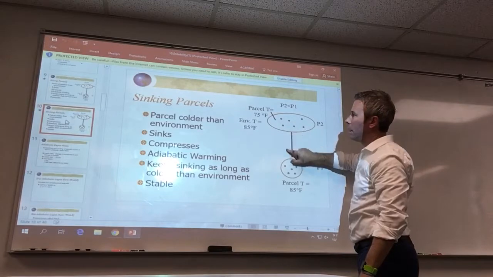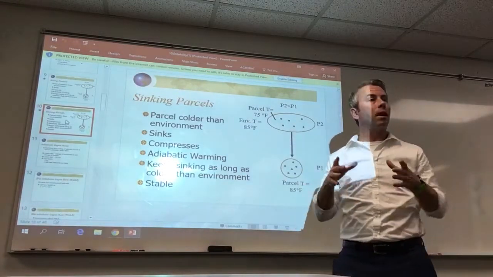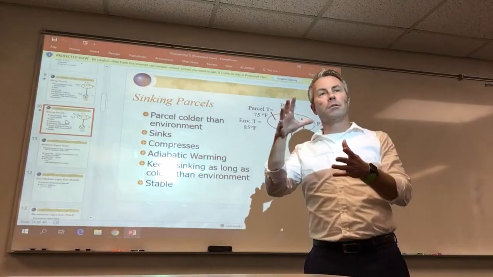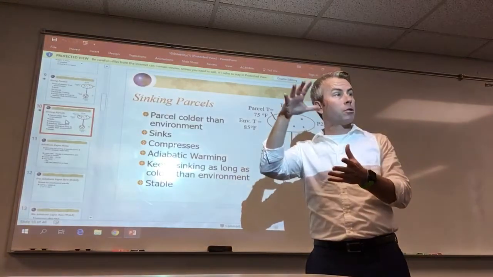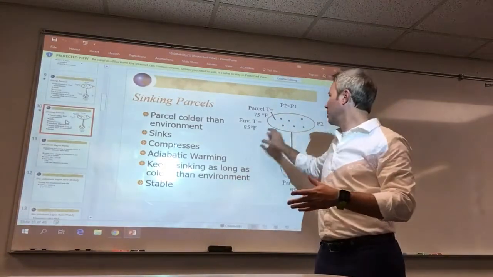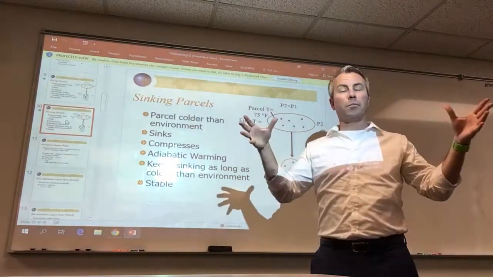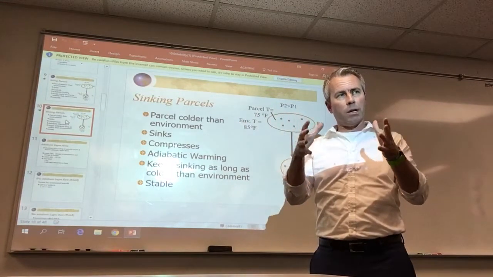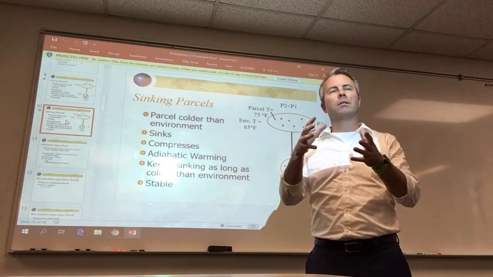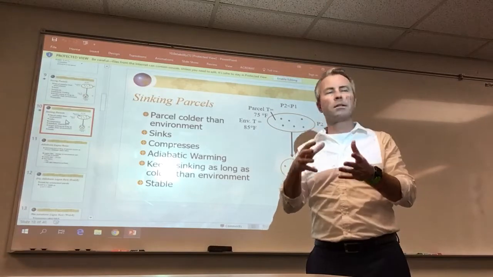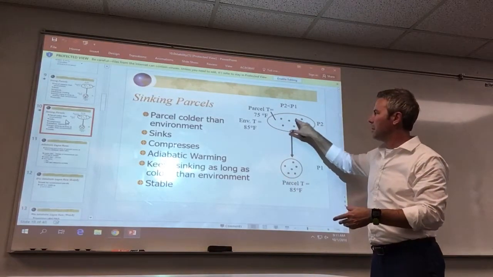Okay? Now, as it falls, we know just the rules of gravity itself. If something falls, gravity is going to have a bigger effect on it. Pressure is going to be stronger. And so this balloon, or this air parcel that is very big now, starts to condense and shrink. Well, if it condenses and shrinks, it compresses. When it compresses, what happens to all the molecules that have all this space?